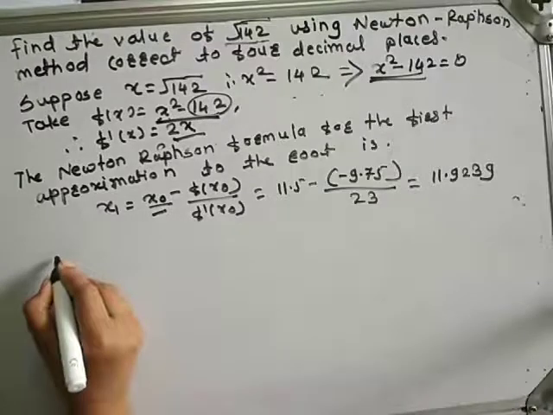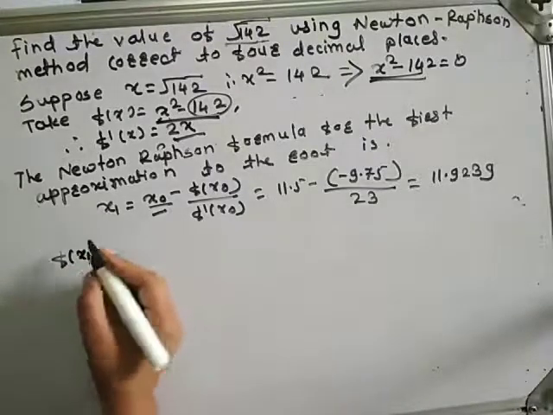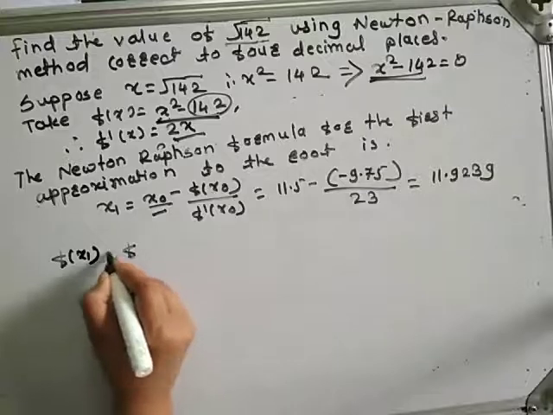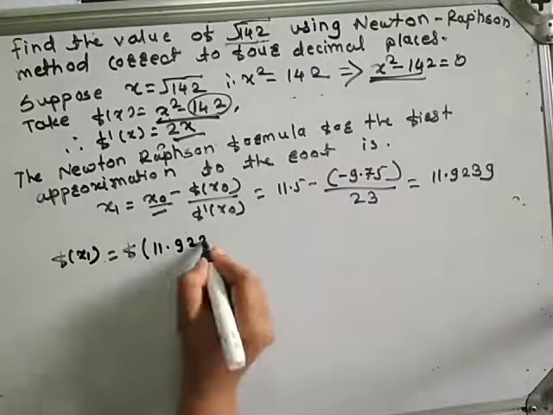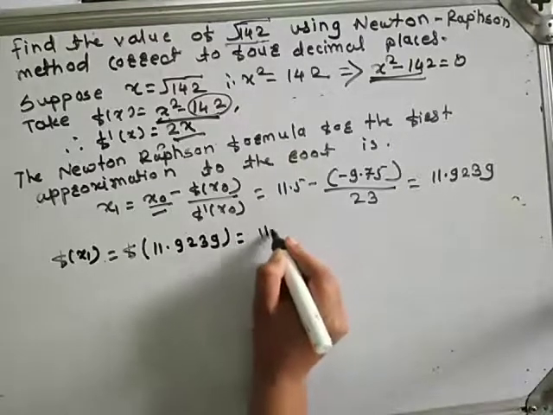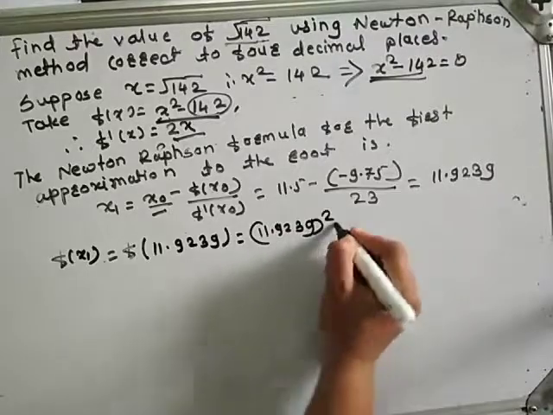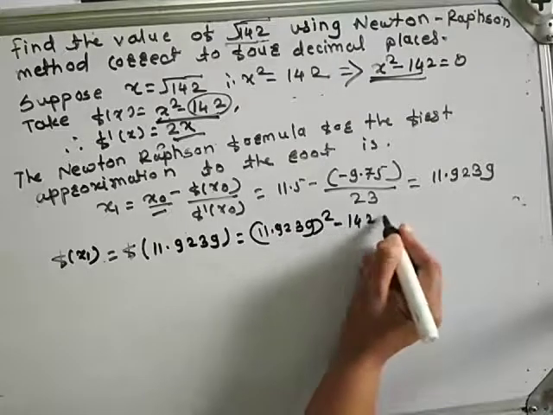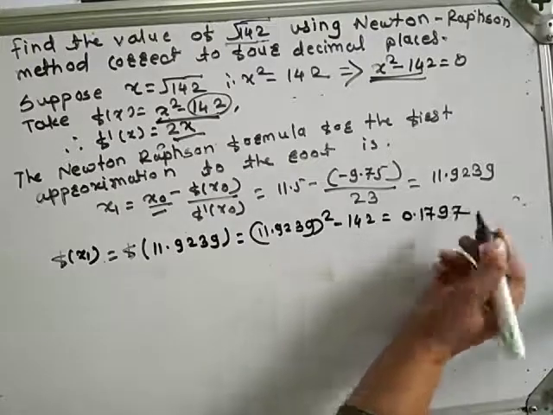Now we calculate f of x1, which is equal to f of 11.9239, which is equal to 11.9239 square minus 142, which is equal to 0.1797.